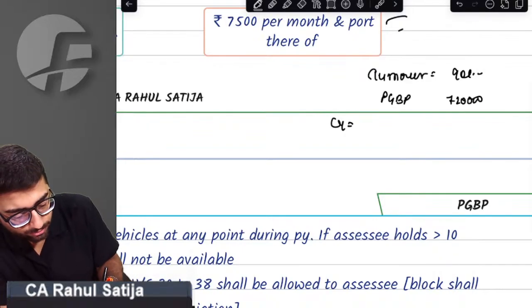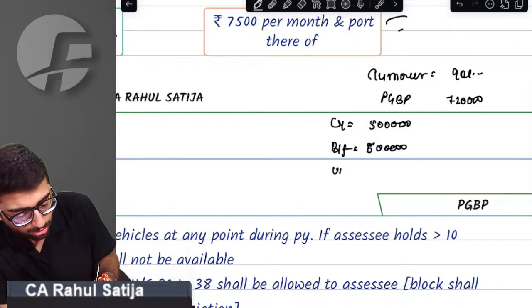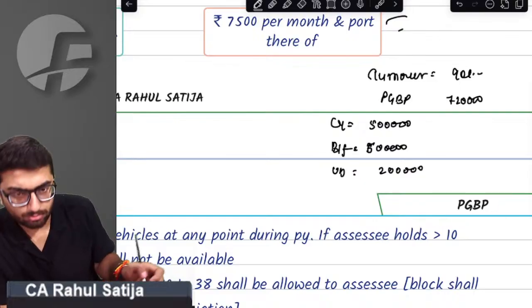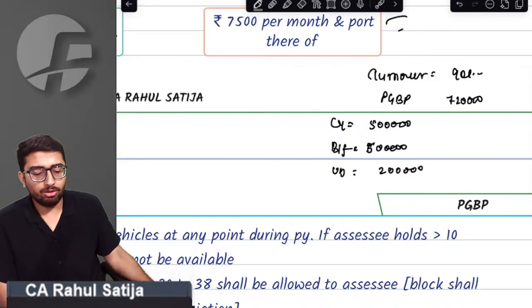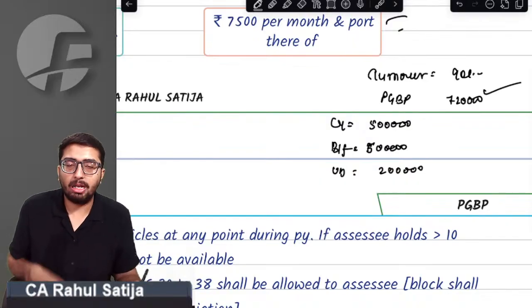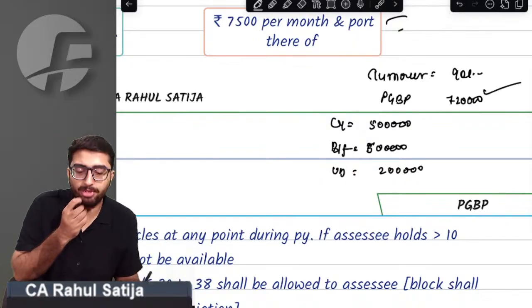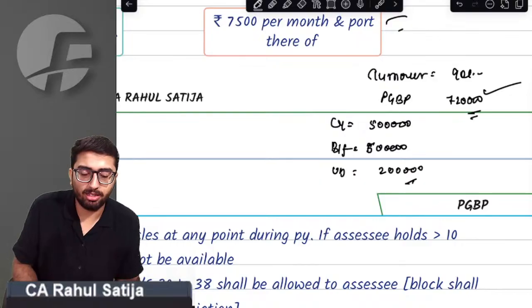Current year depreciation, brought forward losses, unabsorbed depreciation. My question to all of you is: PGBP before depreciation, before losses, before unabsorbed depreciation is 7 lakh 20,000.